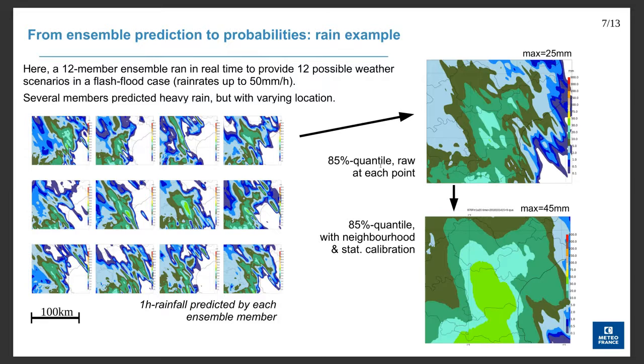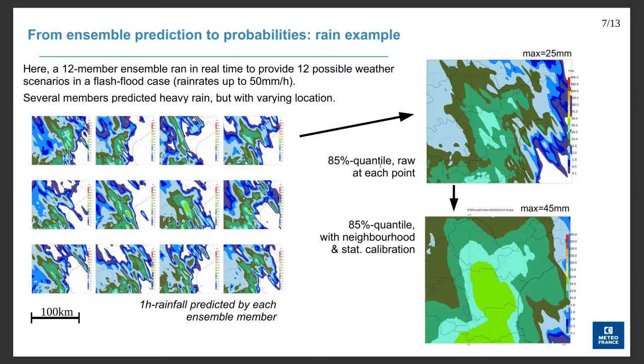If I extract the 85th percentile shown at the top right, we get a smooth field. But the big problem is that the maximum precipitation is removed, even with such a high percentile, because the high impact event in this case is intense, but it has a small scale and there are uncertainties on its location.